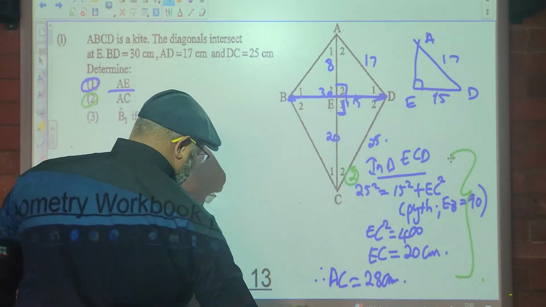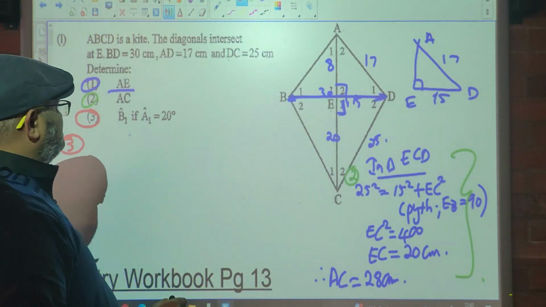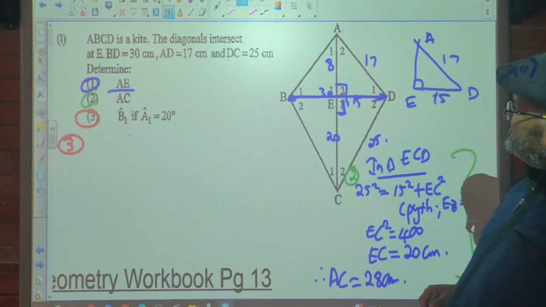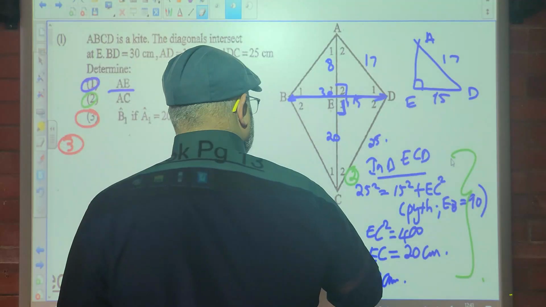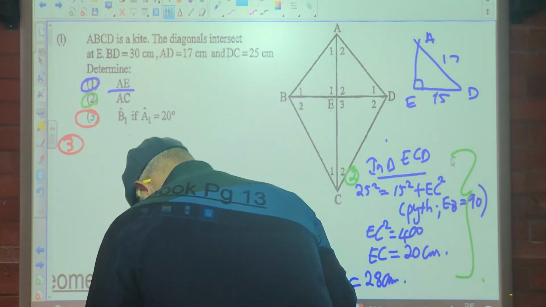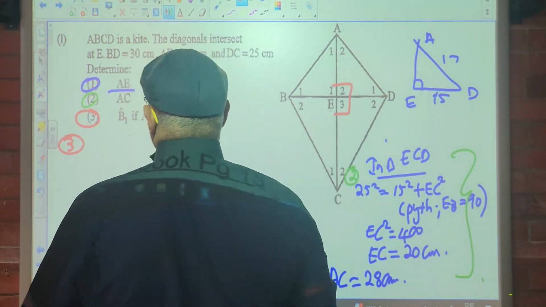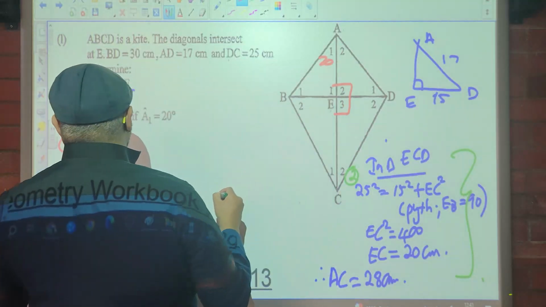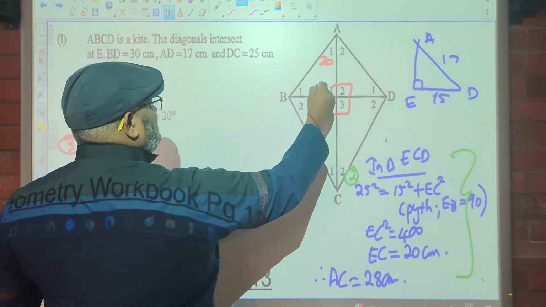Look at number 3. Calculate B1, if A1 is 20. Now we're talking about angles. I'm just going to rewrite this in here if needed. So A1 is 20. They want you to calculate B1. But now we know that E1 is also 90.